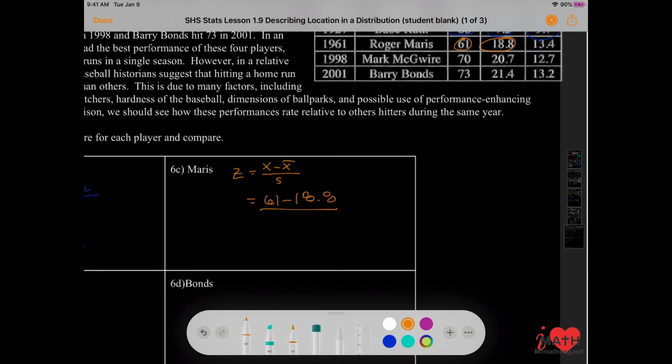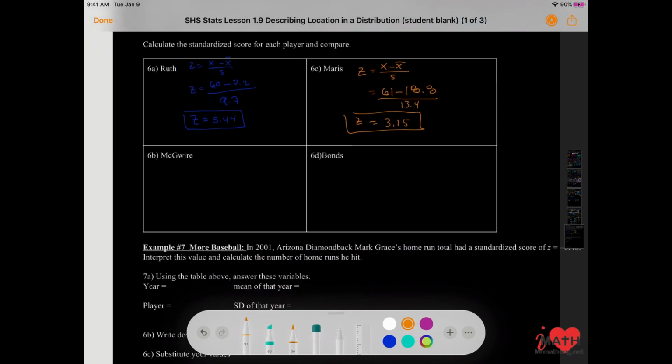I might give you a list of numbers, like the number of home runs Roger hit in his lifetime, and you would have to take all of those years and use that data. And the standard deviation is 13.4. If you do 61 minus 18.8 divided by 13.4 in your calculator, that gives you 3.15. So Roger Maris has a z-score of 3.15.